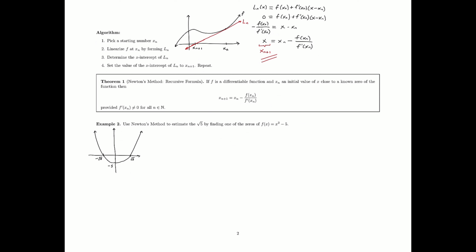So we can start anywhere we want to. Notice that 2 is somewhere right in here. All right, so let's go ahead and say that this is 2. So let's go ahead and use x naught equals 2 for our first guess in this process, our first value.